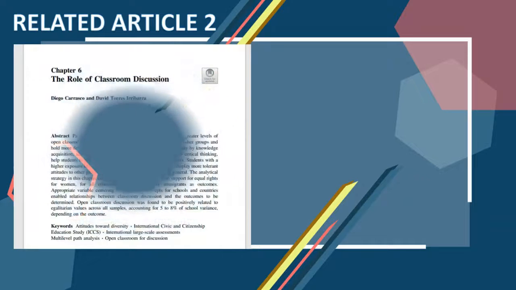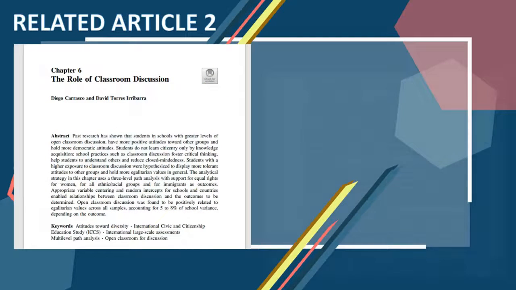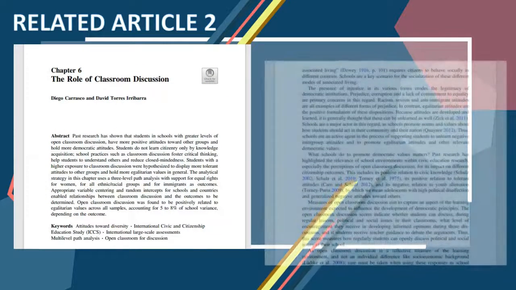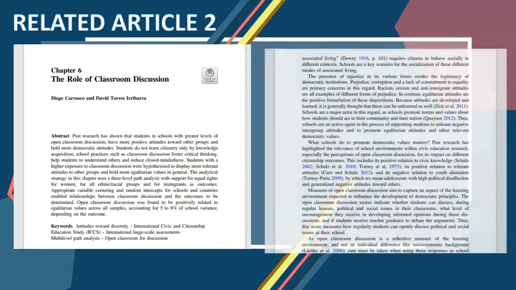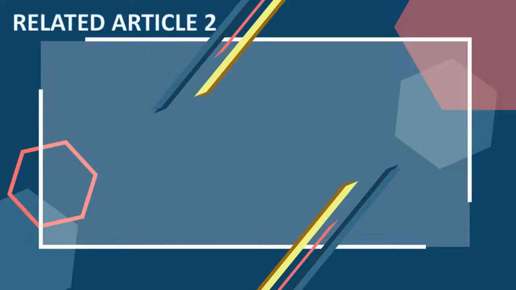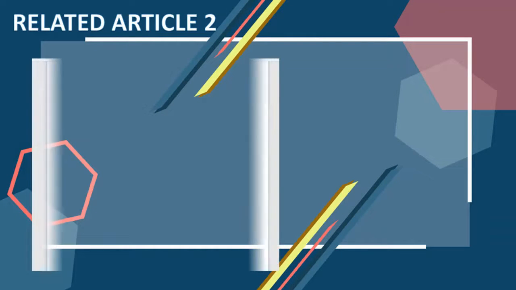The role of classroom discussion is a study that focuses on the role of classroom discussion in a certain classroom setup. They find that the discussion of controversial issues in a classroom is more important for the students who are in public school.